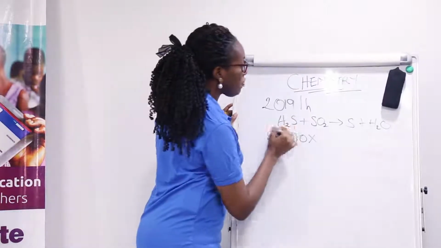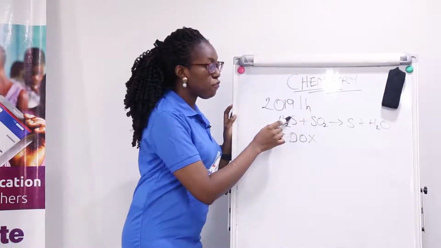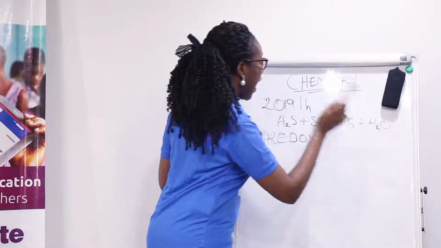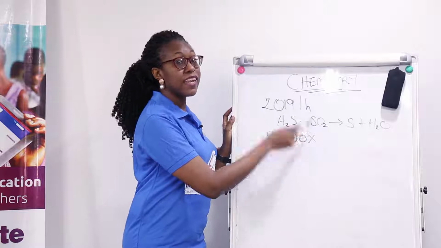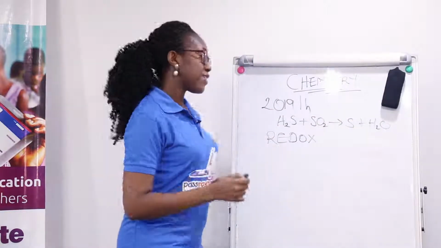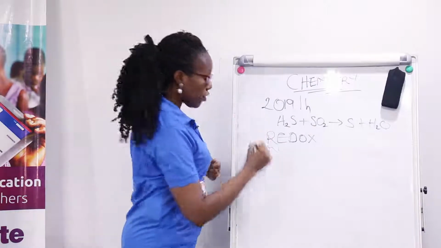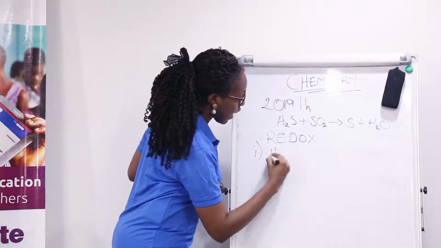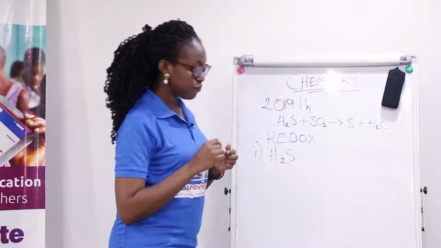Now, hydrogen sulfide here has lost sulfur to gain oxygen, and sulfur IV oxide has lost oxygen to turn to sulfur. Hence, the element undergoing oxidation here is hydrogen sulfide.